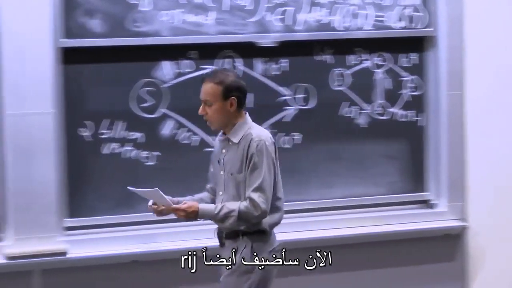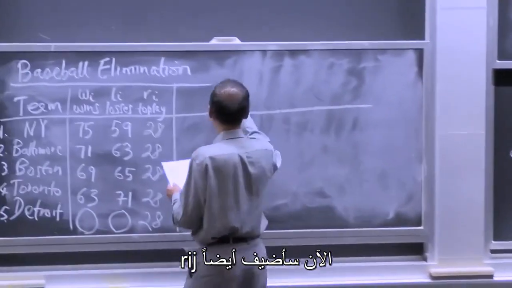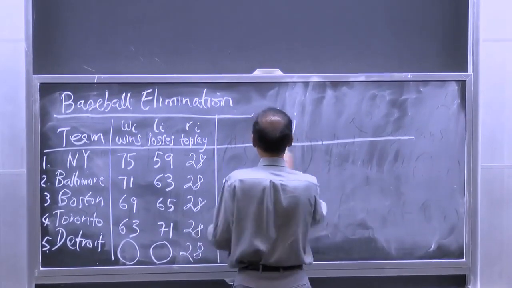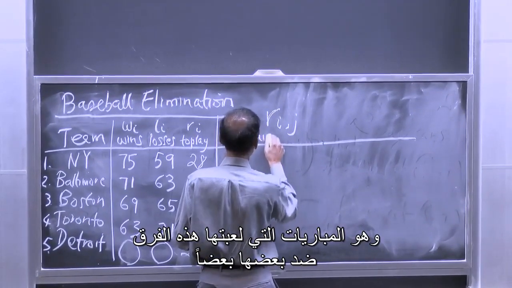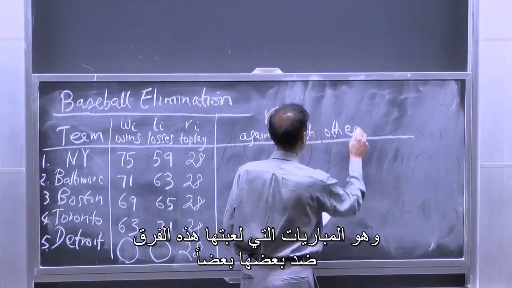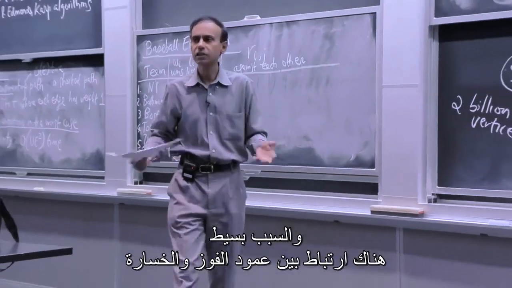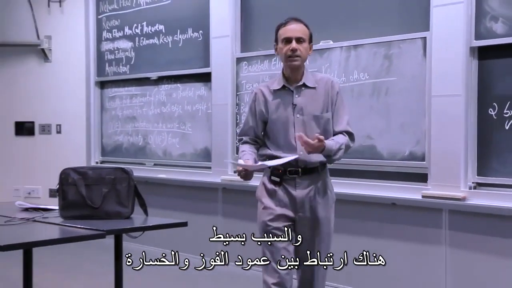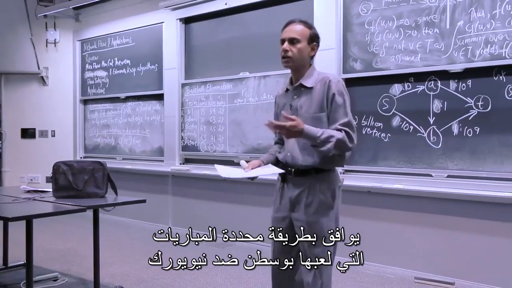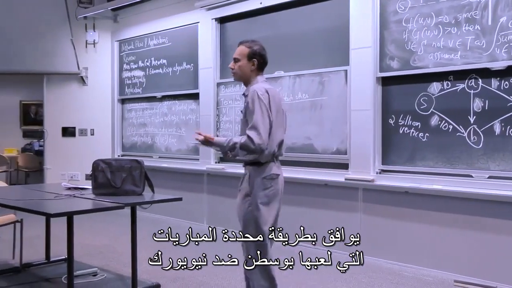Now, I'm going to also add RIJ, which are the games that these teams play against each other. And the reason is simple. There's clearly a correlation between win-loss count, specifically corresponding to games that Boston plays with New York.